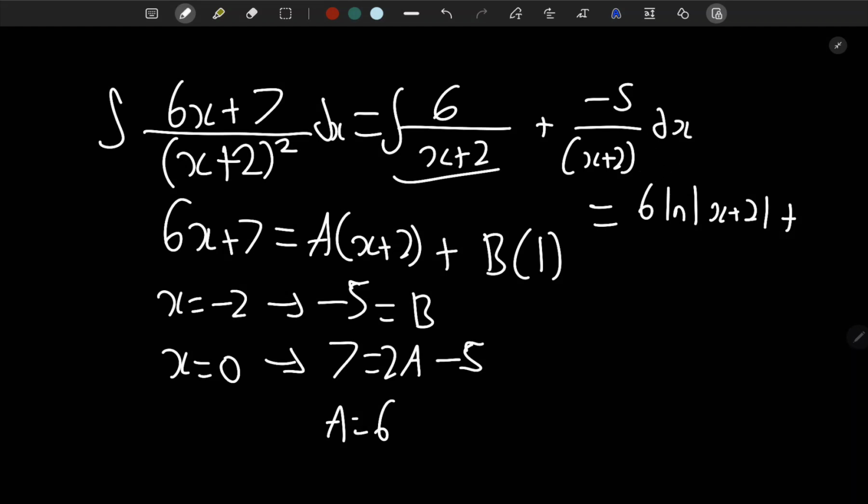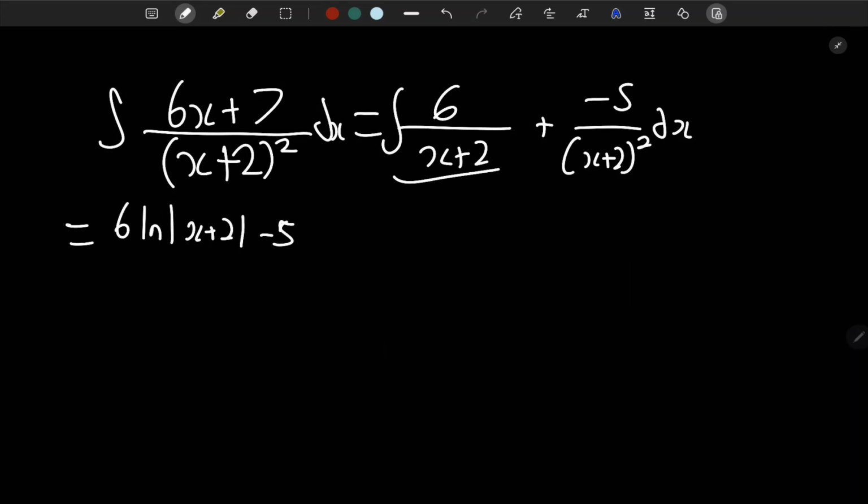So what we can do here is bring this part up, so it will become x plus 2 minus 2, and now we can integrate this. So we can take actually minus 5 also outside. So let me just write it outside here actually. Okay, I need more space. I'm going to clear my screen and then come back.